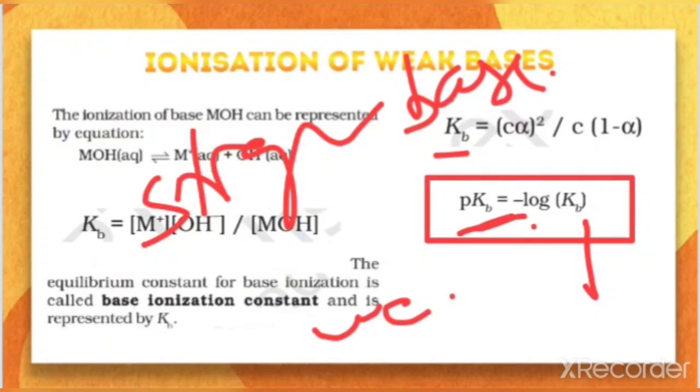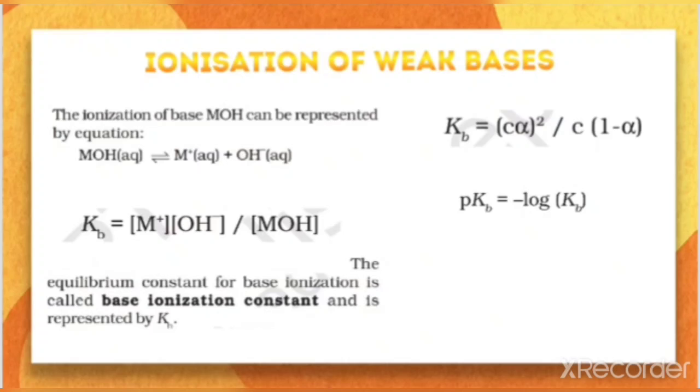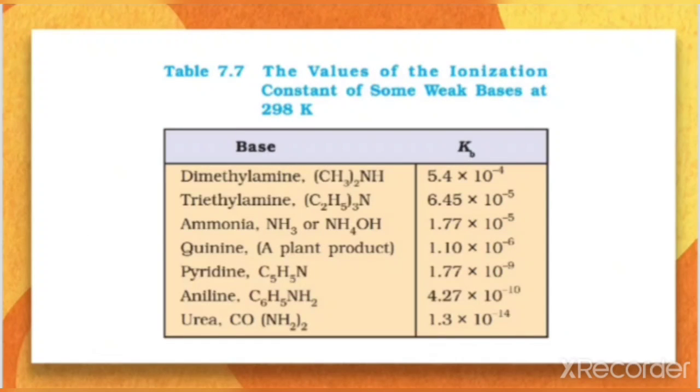So the greater the Kb, the stronger the base. And if the value of Kb is greater, automatically the value of pKb will be lesser, because pKb is the negative log of Kb.